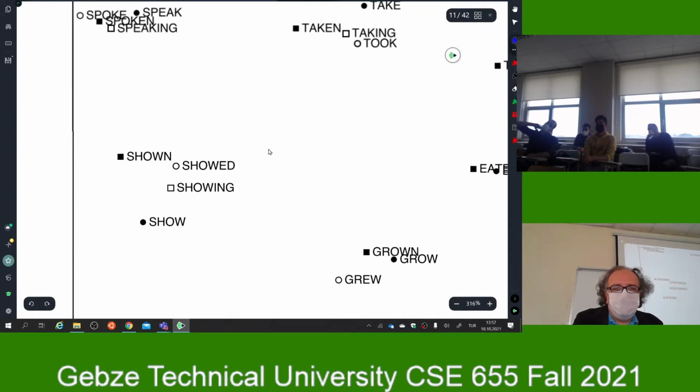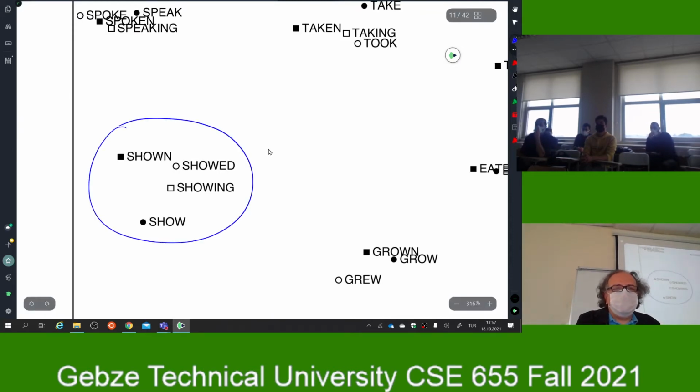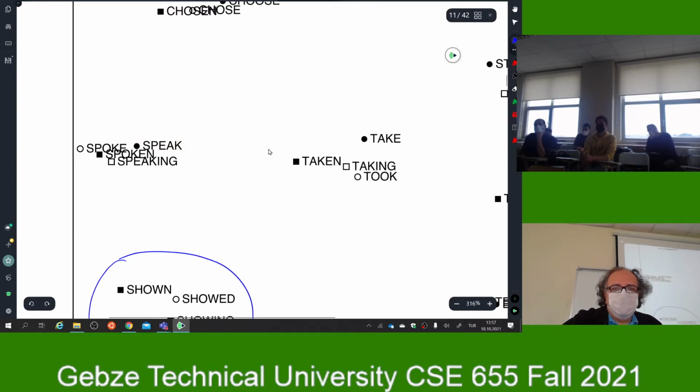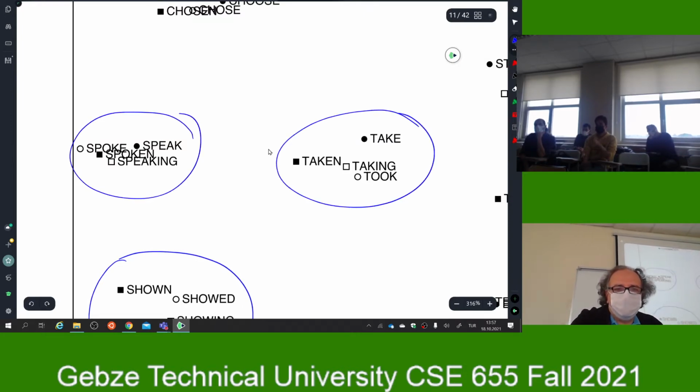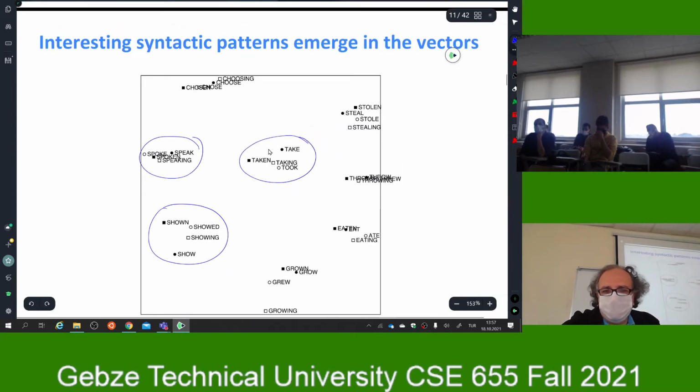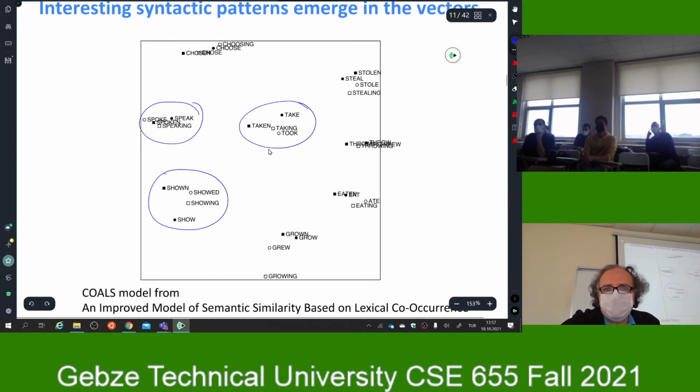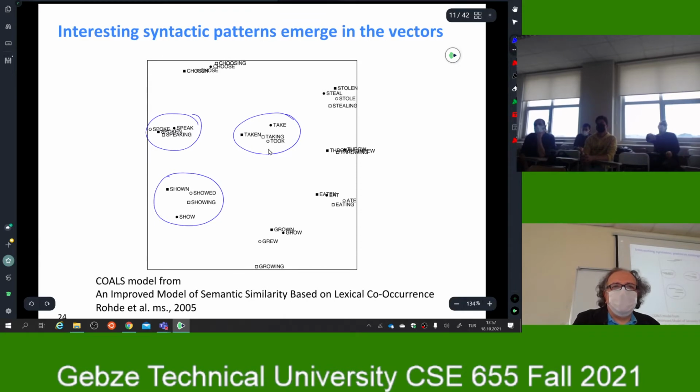As you see, this is the same word, only their syntactic forms are different, okay? So the root of the word is the same, root of the word is the same, and root of the word is the same. So this is GloVe catching the syntactic patterns in the vectors.